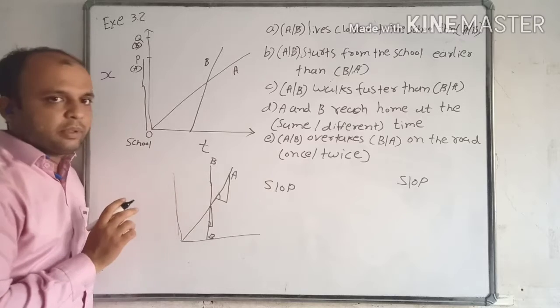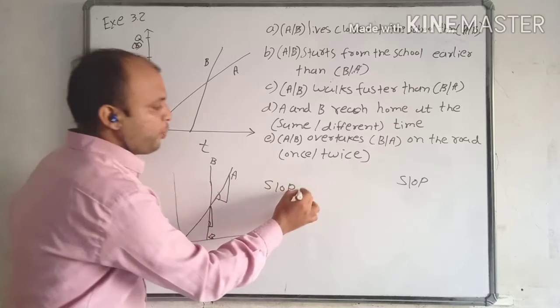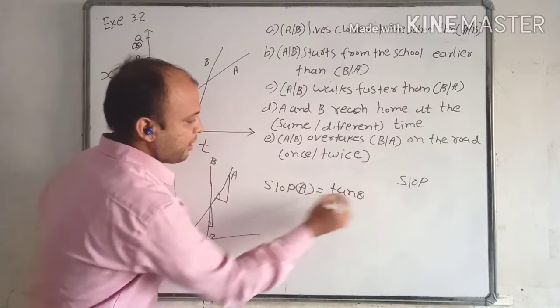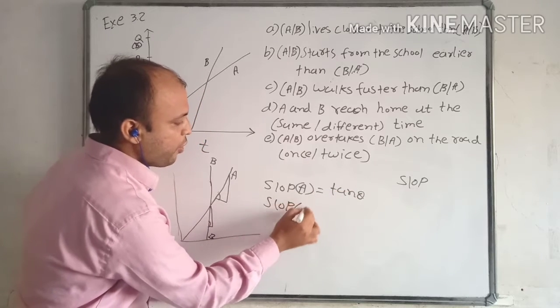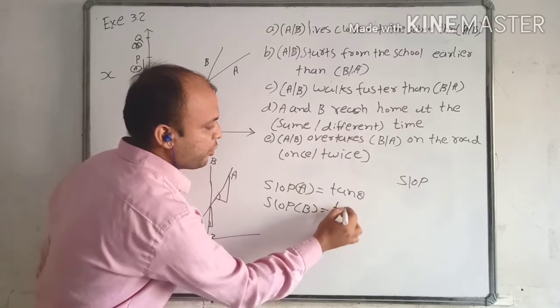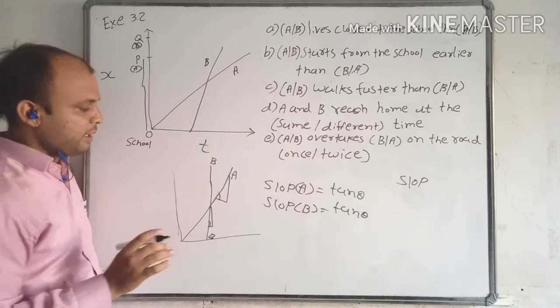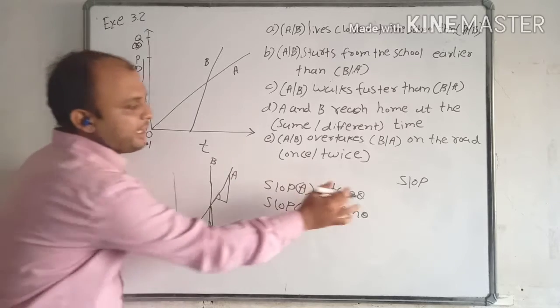According to this graph, the slope of A is tan theta and the slope of B is also tan theta, but the difference is the angle theta.